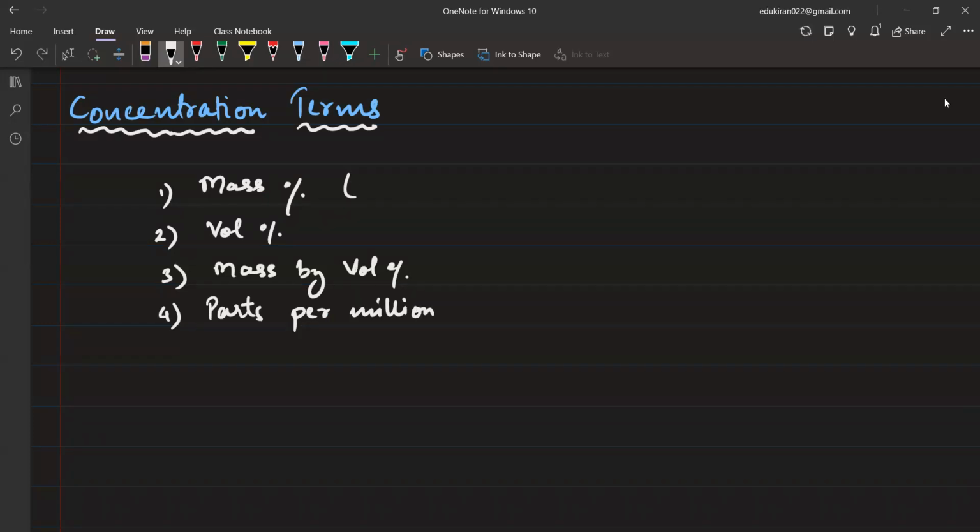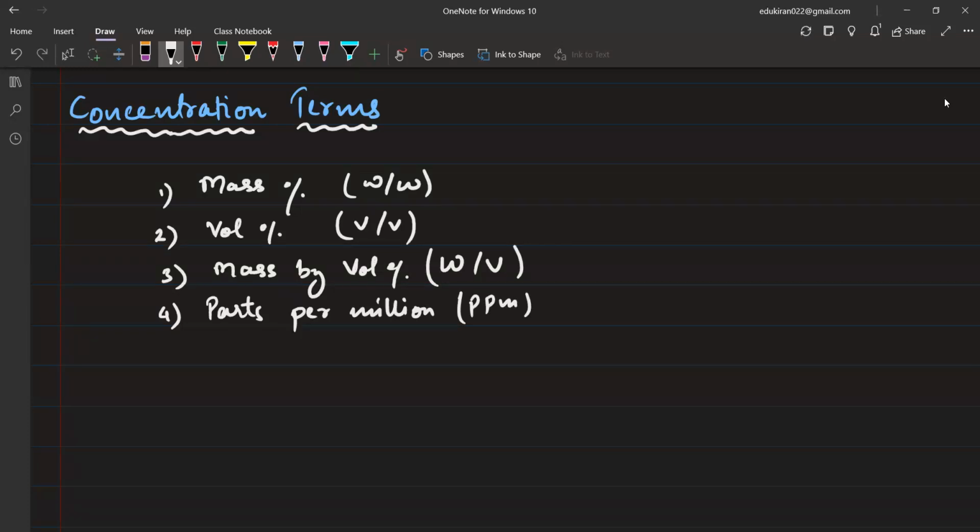By the way, mass percentage is given by percentage W upon W. This is given by V by V. This is given by W by V. Parts per million is shown by ppm.